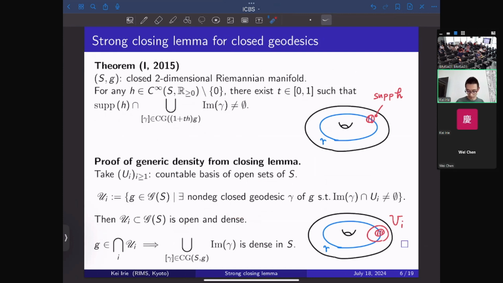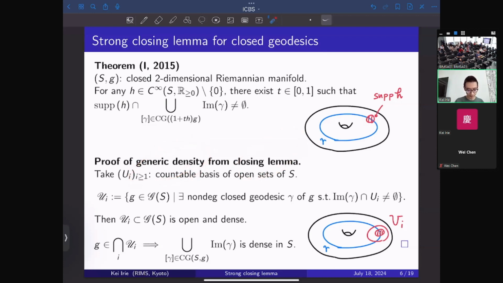The openness follows from this non-degeneracy condition, and the denseness follows by taking a small h, which is supported on U_i, and applying the closing lemma for that function h. So we have countably many open and dense sets, and if g is in the intersection, then the union of closed geodesics is dense. So this is a sketch of the proof of the generic density theorem from the closing lemma.